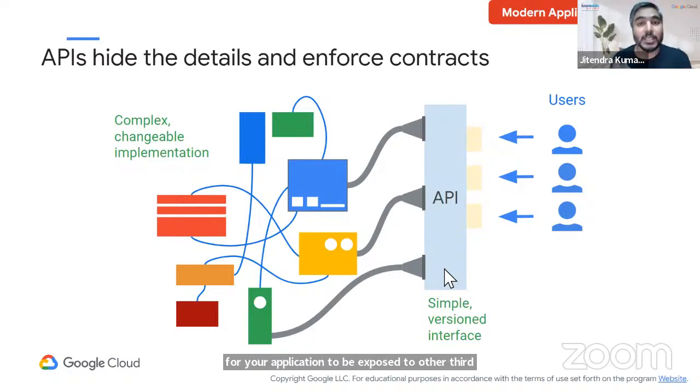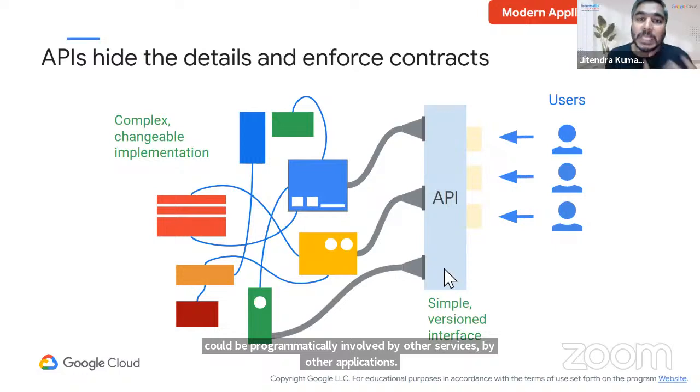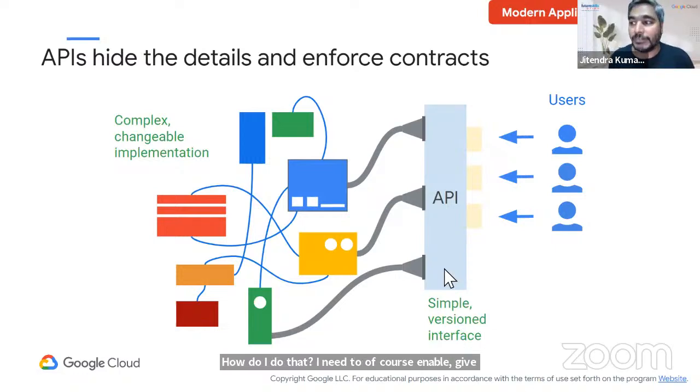And similarly, those third parties consume your application by consuming your APIs. So when you think about, hey, I am building a service that could be programmatically invoked by other services, by other applications, how do I do that? I need to, of course, give them APIs, application programming interfaces.